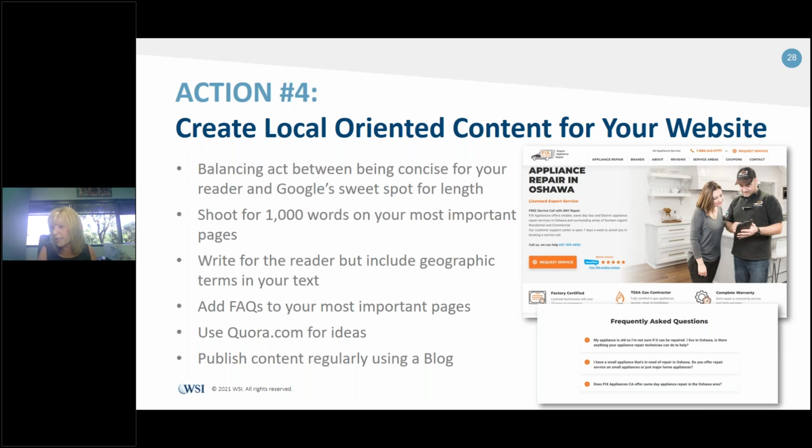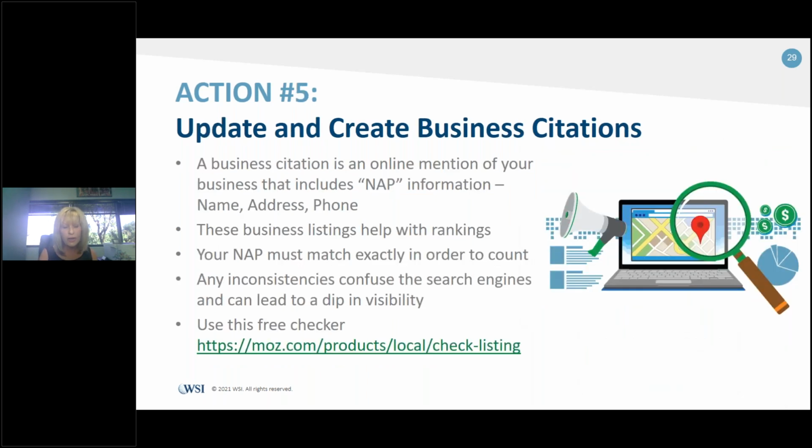So that's another tip. And finally, consider using a blog. So I'm talking about enabling a blog on your existing website and using that to post frequent content to help your users. So action number 4, creating content that is locally focused on your website.